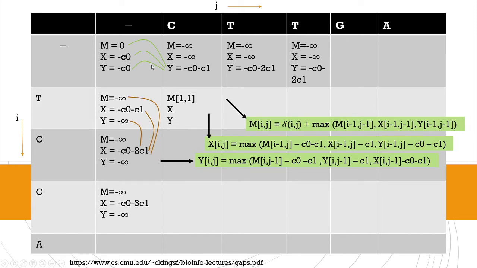In this case, first of all, you have to keep three different values, three different matrices if you will, because you have to remember the best way to arrive at any box, either by matches or by skipping on this dimension or skipping on this dimension, and you have to keep all of them. And I'll just give you a quick example of why that is important.